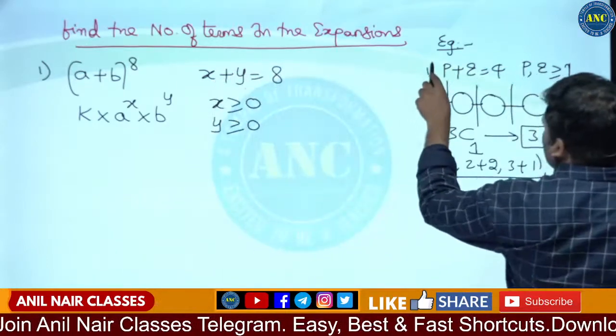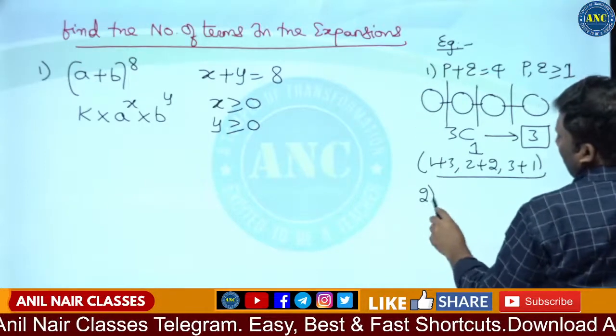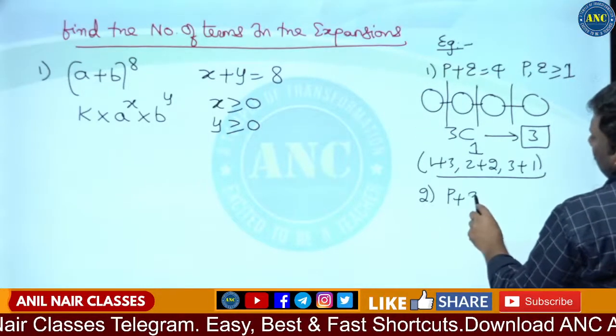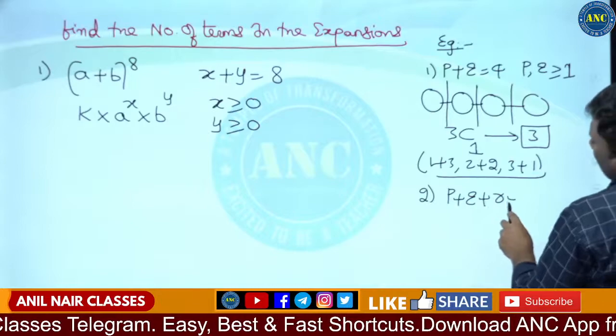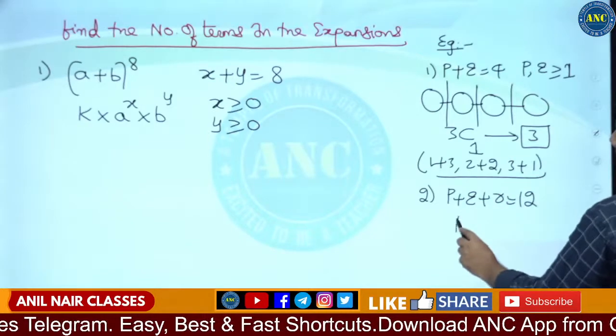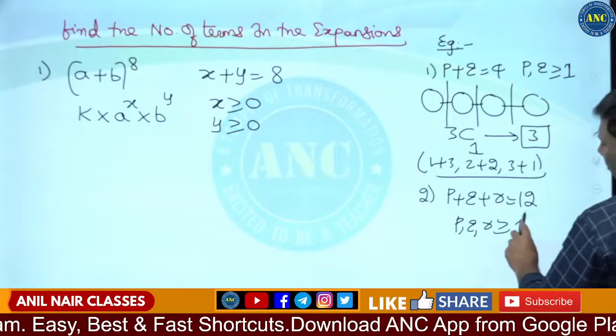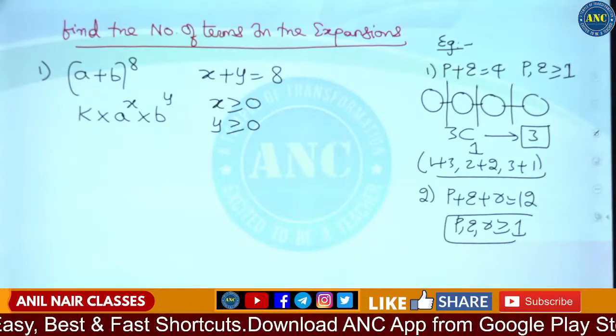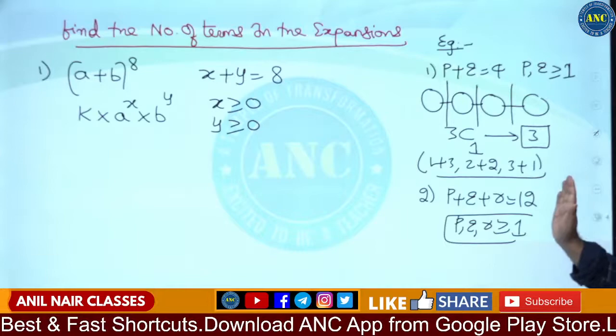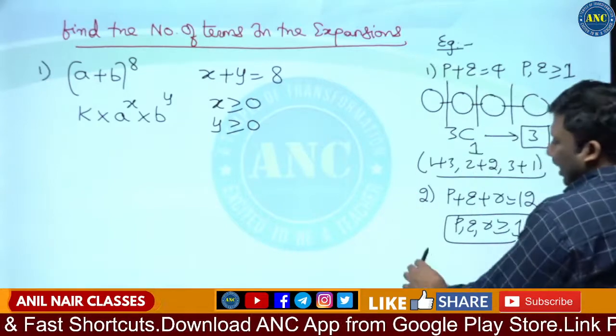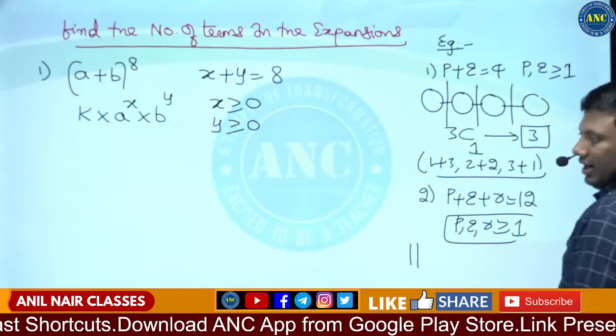First we will do this example. P plus Q plus R equivalent to 12, with P, Q, R greater than or equivalent to 1. If 12 balls are there in a line, how many gaps will be there? 11.